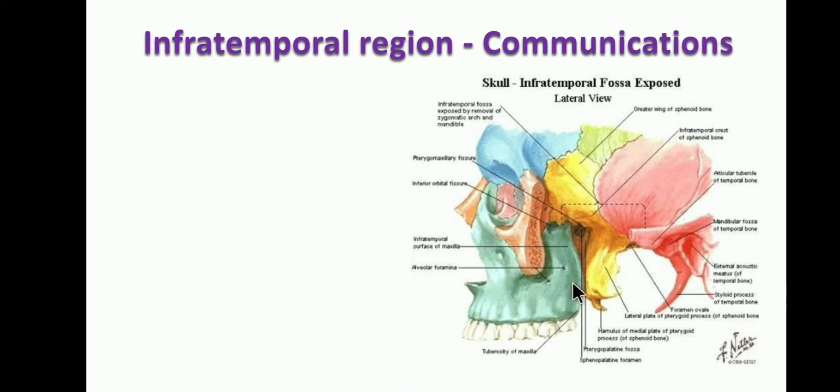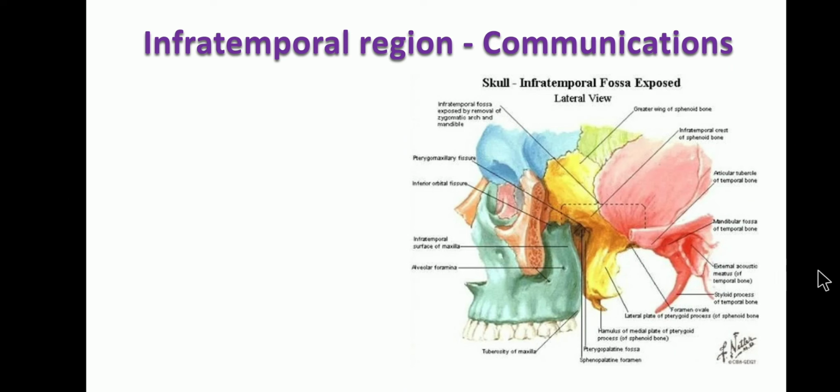Laterally, you have the ramus of the mandible. Below, it is open and continuous with the parapharyngeal space. Above, it is mainly formed by the infratemporal surface of the greater wing of sphenoid and the squamous part of the temporal bone.